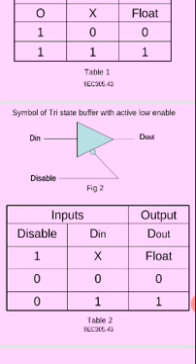If disable is 0 and D in is 0, output is 0. If disable is 0 and D in is 1, output also 1.